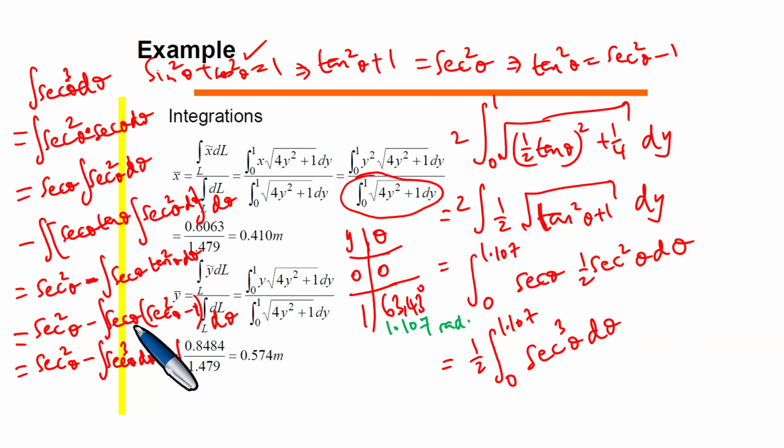Now we have the sec, so it's going to be in two places. Sec times sec squared is sec cubed. I know it's congested, I'm just trying to squeeze this in.